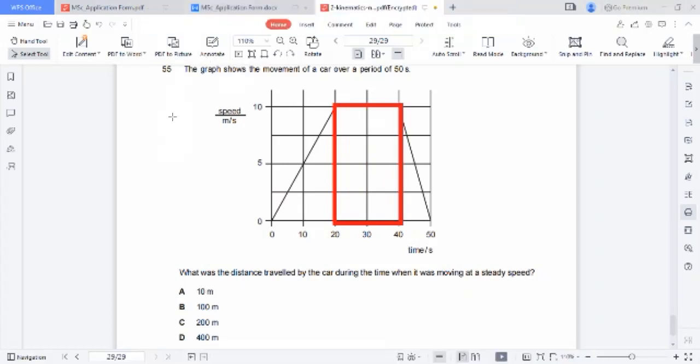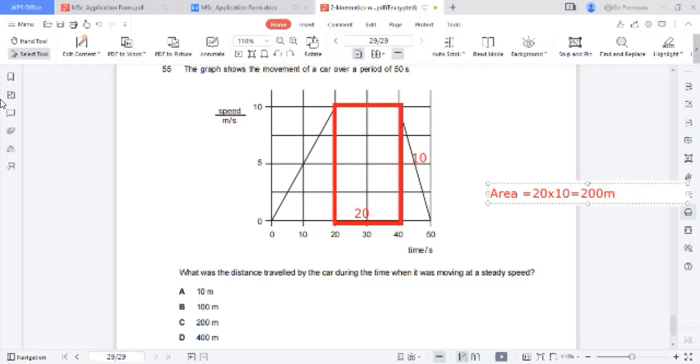For this portion, you can see it's a rectangle. For the rectangle, the base is 20 till 40, so 40 minus 20 is 20, and its height is from 0 to 10, so its height is 10. Now you can calculate the area of the rectangle, which is base into height, which is 20 into 10, 200 meters.